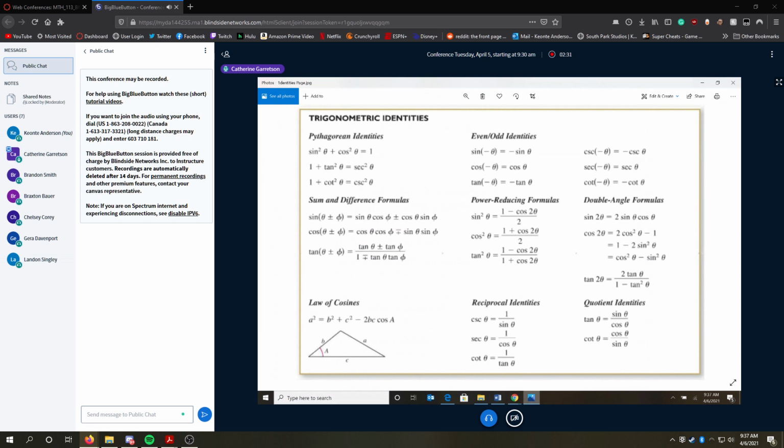It doesn't have all of them, but it does have some of the ones like your Pythagorean identity, your even odd identities, the power reducing formula. The reciprocal identities are helpful, your quotient identities, and it also has the double angle identities that you'll be using.